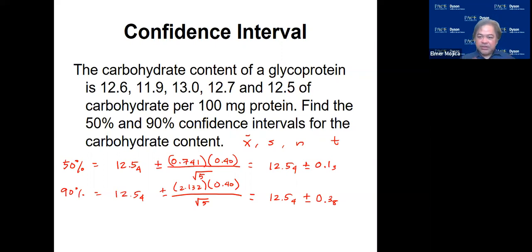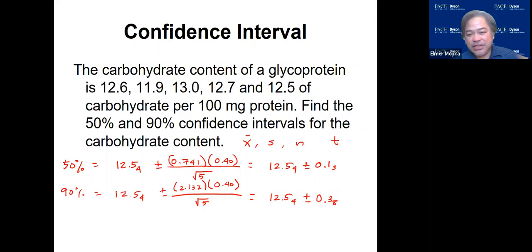The confidence interval that you have is wider at the higher percentage. So this means the higher the percentage of the confidence interval, the wider is the range of values where the true mean may lie.